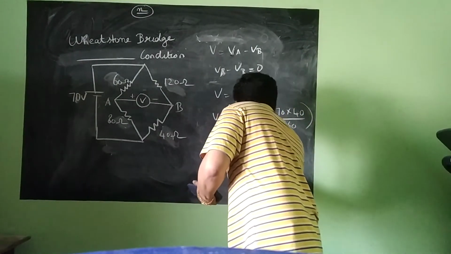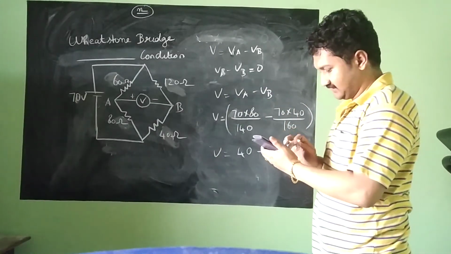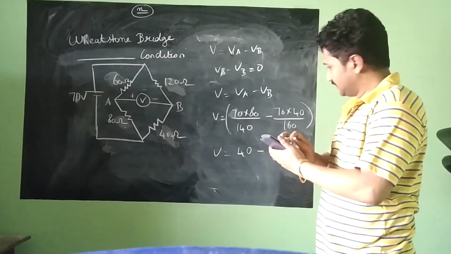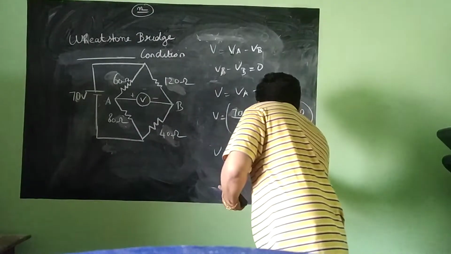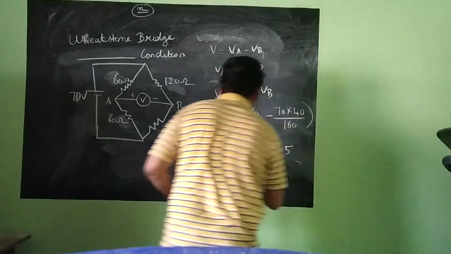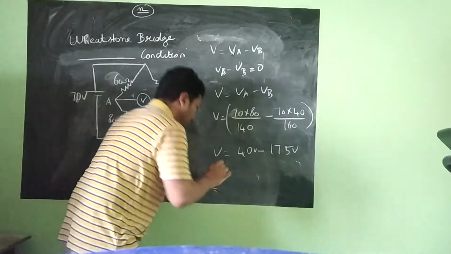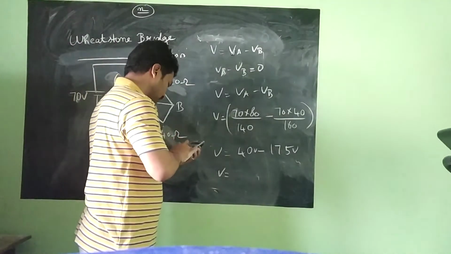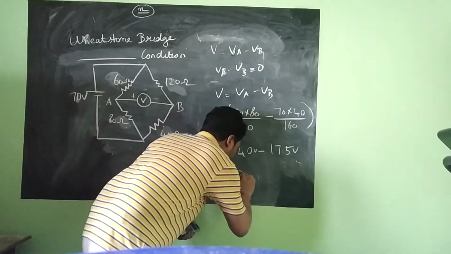In this relation we have 40, and the second term is 70 into 40 divided by 160. This you have 17.5 volt. Unit is important. V equal to 40 minus 17.5, you get 22.5.